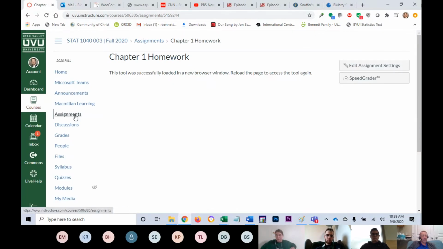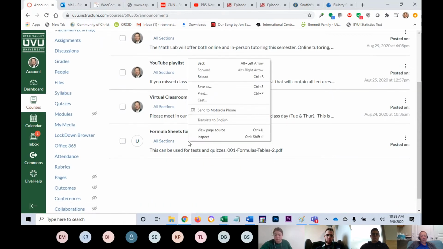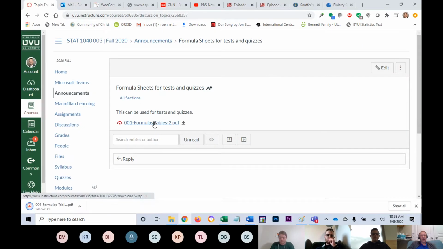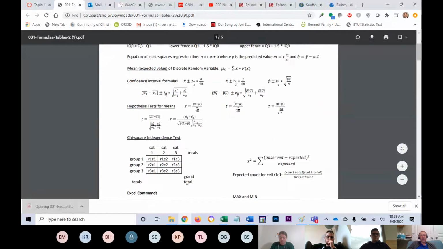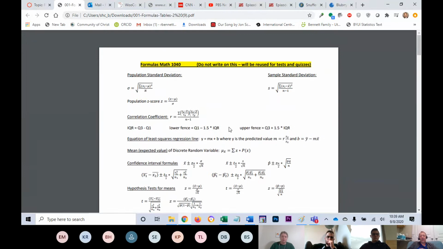If I go back to the announcements, you'll see the formula sheet for tests and quizzes. So here's what I would recommend. You guys can go ahead and print out this formula sheet. I think it's a 1-page formula sheet. These are the formulas we're going to use for the rest of the semester.